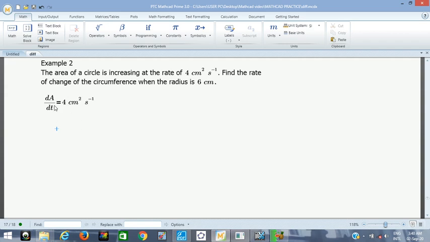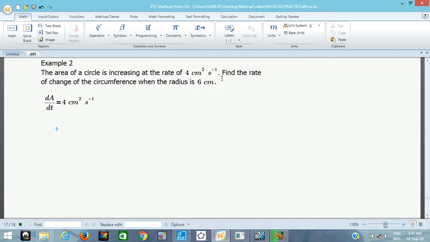This is what is given in the question. The area of a circle is increasing, so it is the area that is changing, at the rate of 4 centimeters square. Centimeter square is the unit for area, which is the numerator, divided by time, which is seconds, that is t.